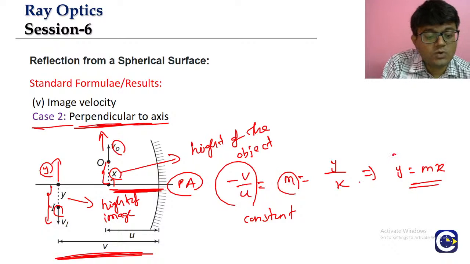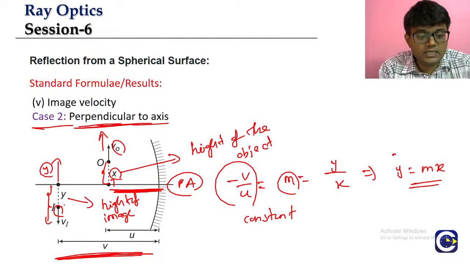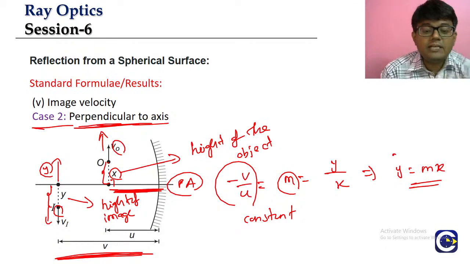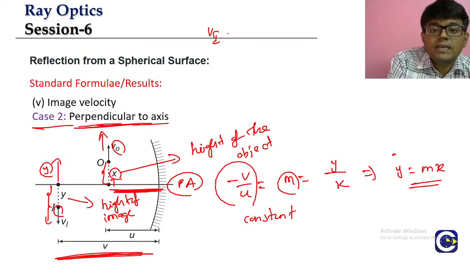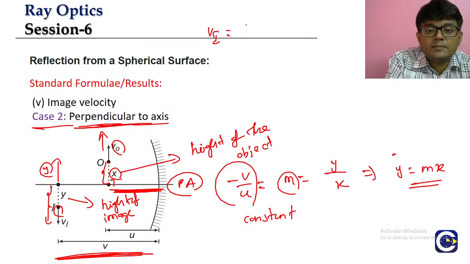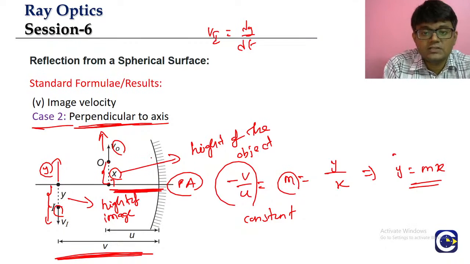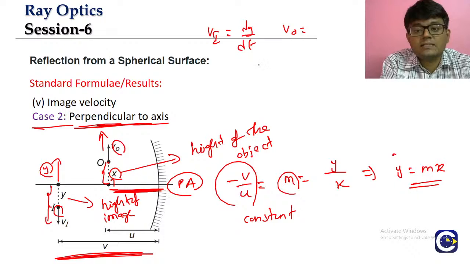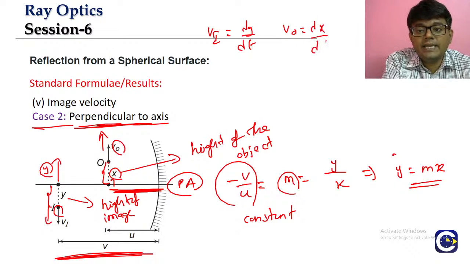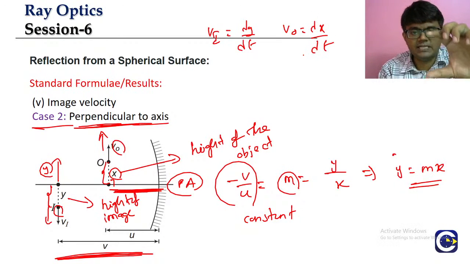So here y represents the distance of the image from the principal axis. x represents the distance of the object from the principal axis. Now you tell me, the velocity of the image perpendicular to the principal axis is represented by dy by dt, the rate at which the y value is changing. The velocity of the object perpendicular to the principal axis is represented by dx by dt, the rate at which this x value is changing, correct or not?